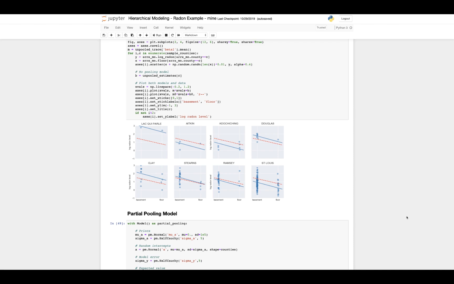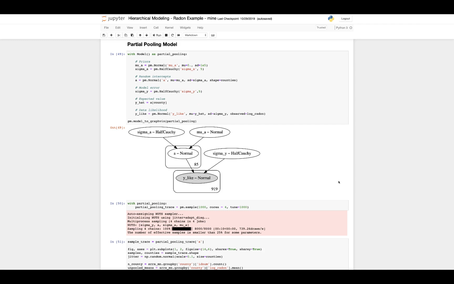Okay, but we really don't trust these results from this unpooled model because we have counties with small numbers and counties with large numbers, and there are quite distinct results between the two. So let's next look at the partial pooling results. Recall for partial pooling, we have a model that does not have predictor variables, in this case, the one predictor variable.